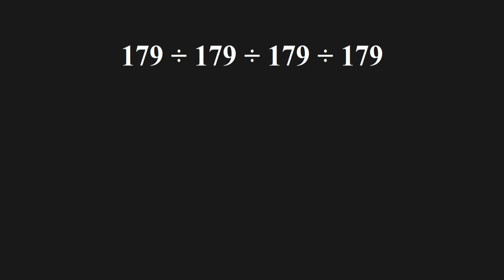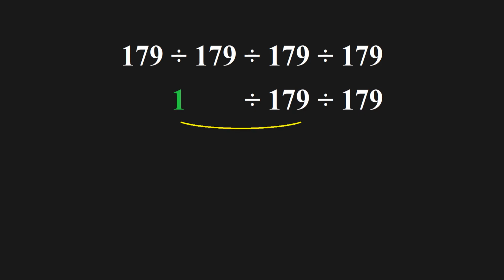So we have first this division, 179 divided by 179 equals 1. So we have 1 divided by 179 divided by 179, and we can write this part as 1 over 179 divided by 179.